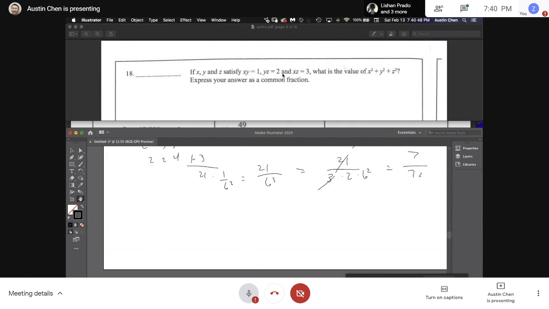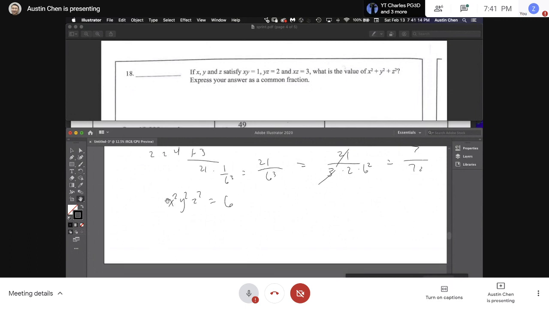This comes up a fair amount, and you should always know how to solve it. You multiply all three of these equations together. You get x squared times y squared times z squared equals 6. Then you can square root both sides so that you get xyz equals root 6.